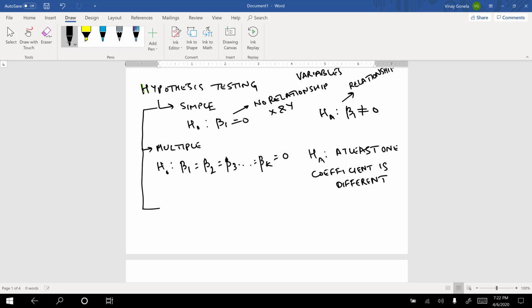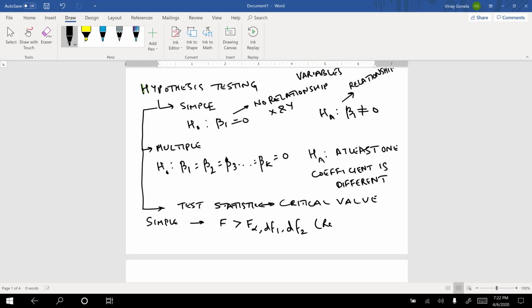And then we did the test statistic and compared it with the critical value. So for simple linear regression, there are two ways you can do it. You looked at F, and if F is greater than F alpha with degree of freedom 1 and degree of freedom 2, then you reject your null hypothesis.